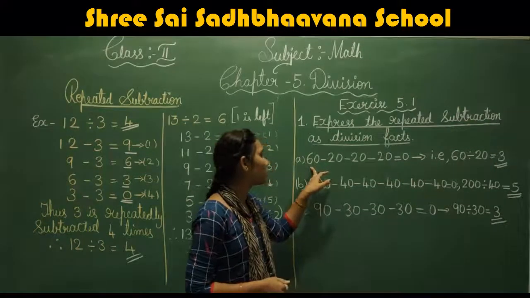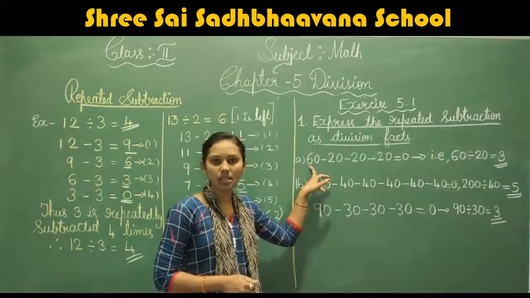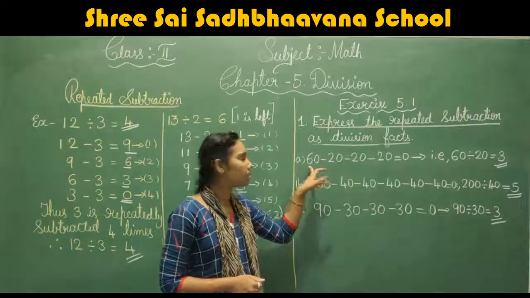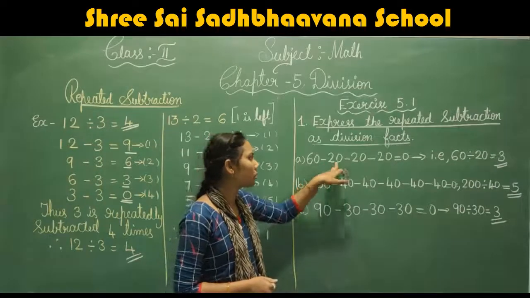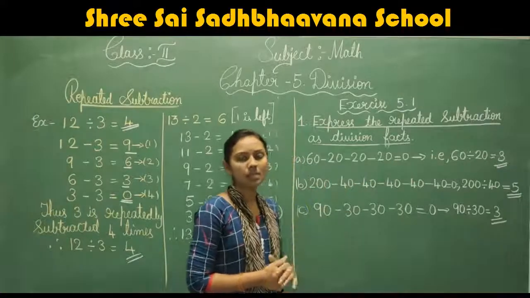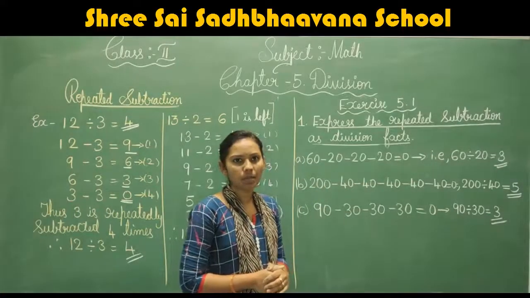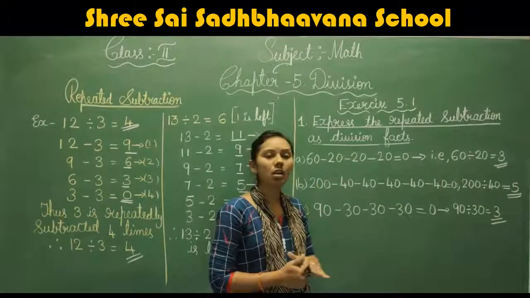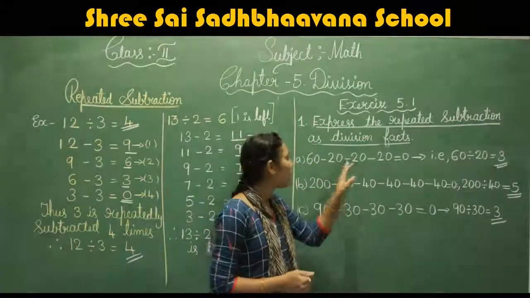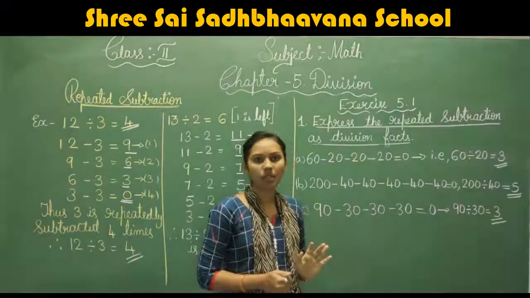So, children, here 60 is the number, that is the dividend. Here 20 is repeatedly subtracted from 60. So this 20 is the divisor. 60 is the dividend and 20 is the divisor.